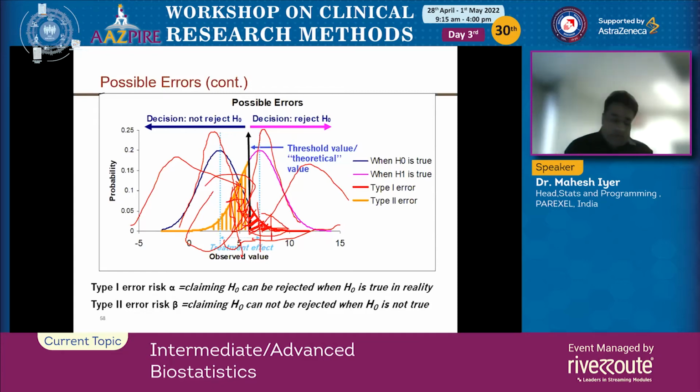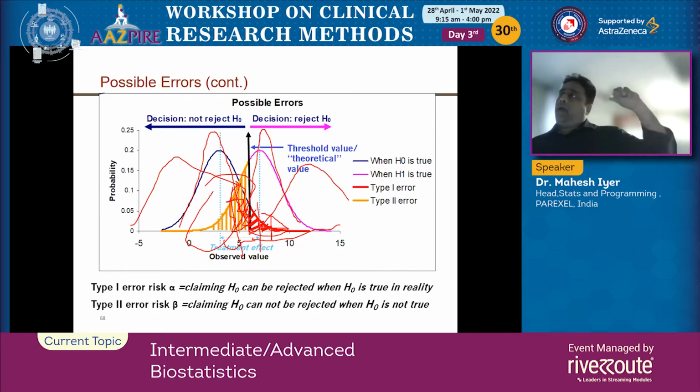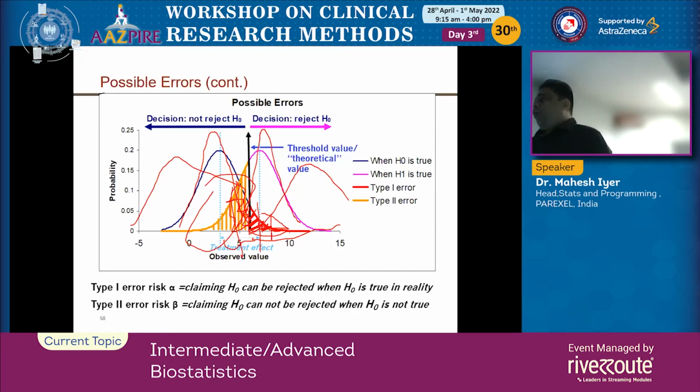So a non-inferiority study is slightly different. In a non-inferiority study, your hypotheses are flipped. Your alternative is that drug A is surely inferior, which means it is less than.